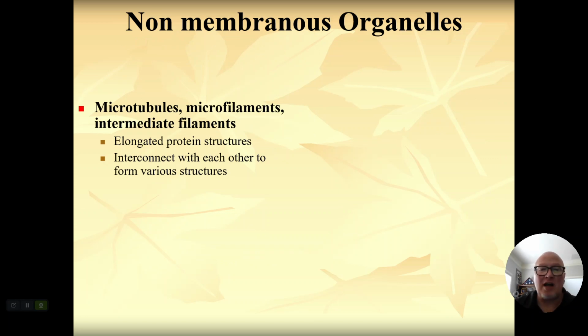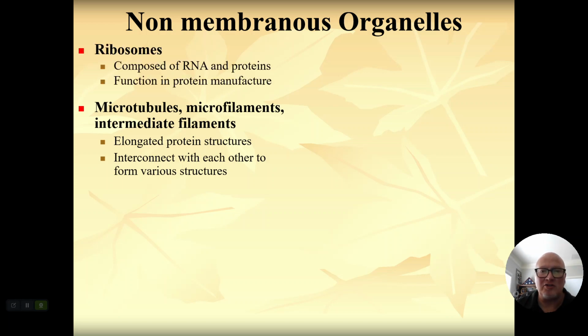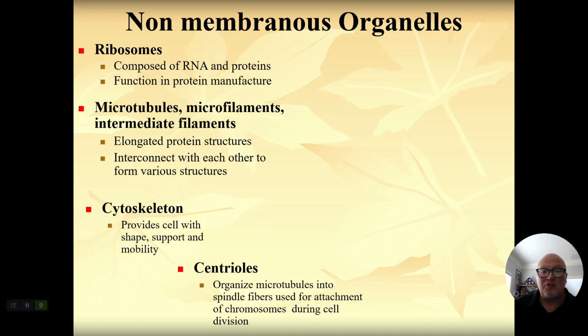There are some organelles that are not membrane bound, things like microtubules and microfilaments. These are essentially just tubes of protein. Ribosomes are found in both prokaryotic and eukaryotic cells, and their primary purpose is to make protein. Centrioles are an organelle that helps make microtubules, which makes cellular division possible.